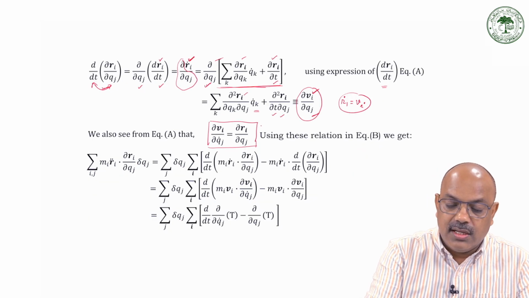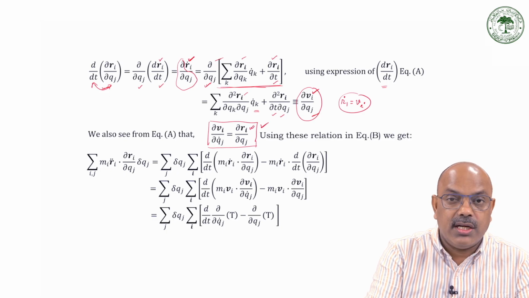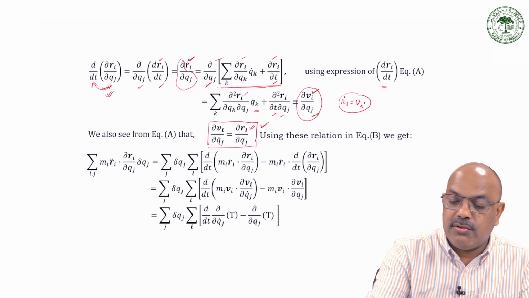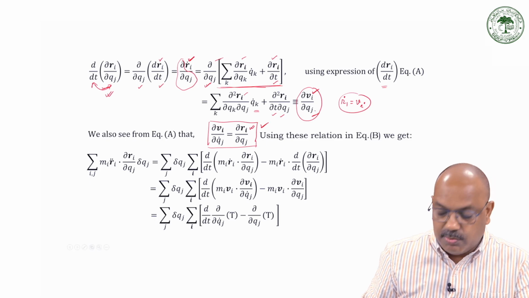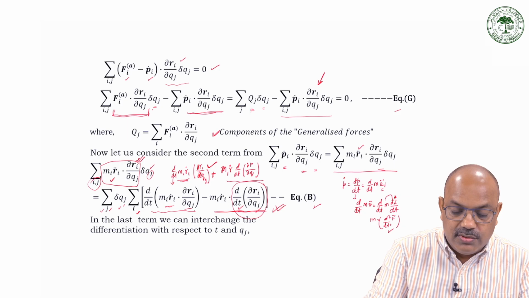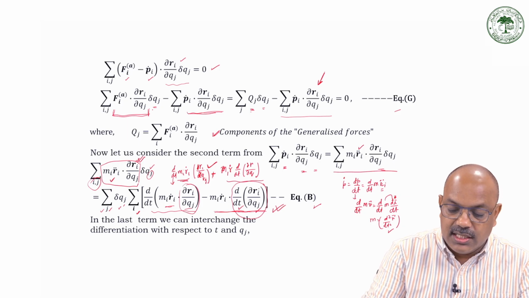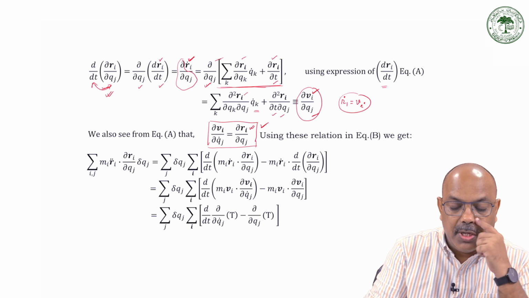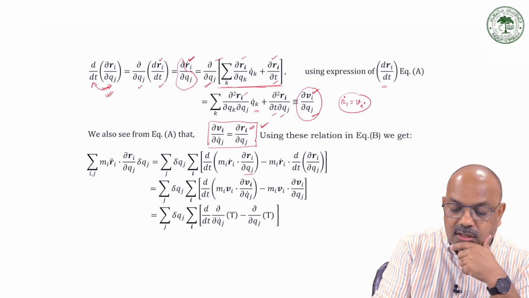If delta vi upon delta qj dot, we are going to use delta ri upon delta qj, and for this I am going to use dv by dj. So in this expression, equation B, I am going to use it at this place and at this place. Okay, so this is my equation, that delta ri upon delta qj.